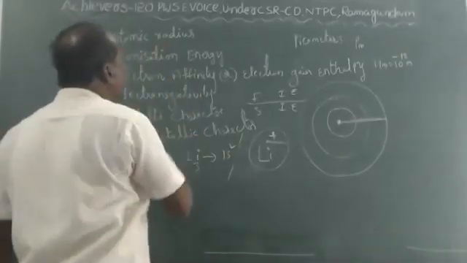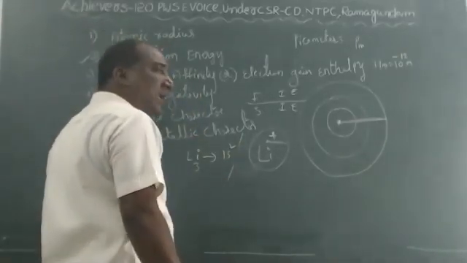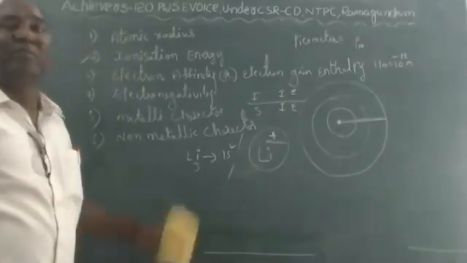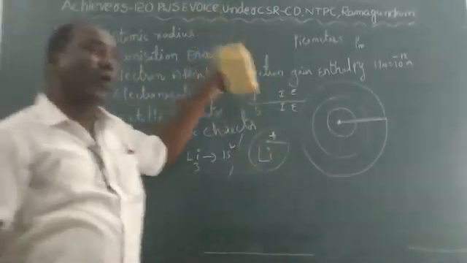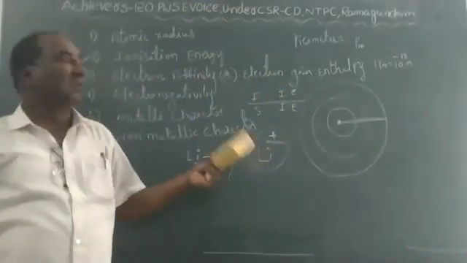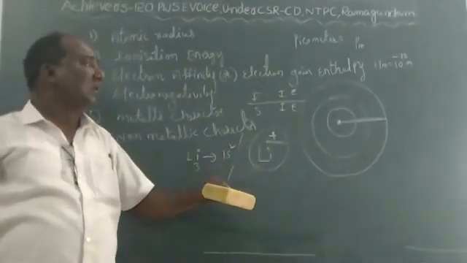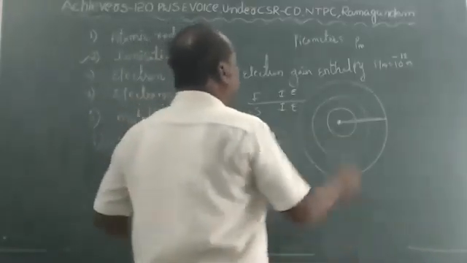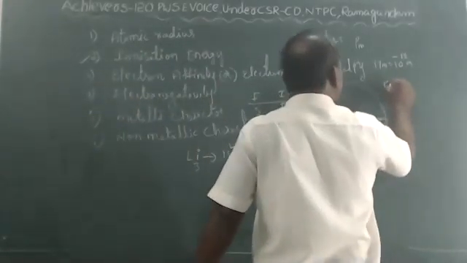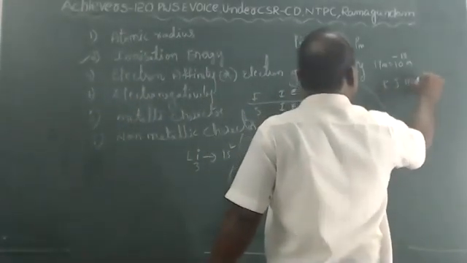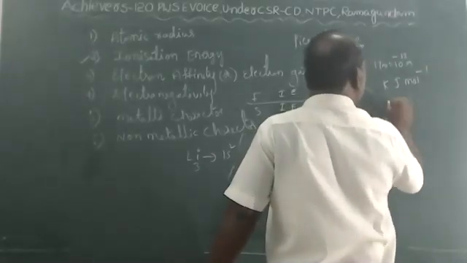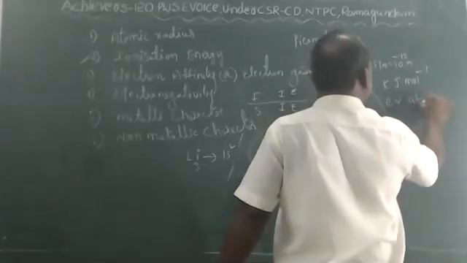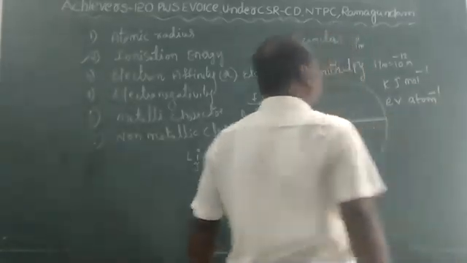So ionization energy in a period from left to right increases. In a group from top to bottom, it decreases. Ionization energy is measured in kilojoules per mole or electron volt per atom.